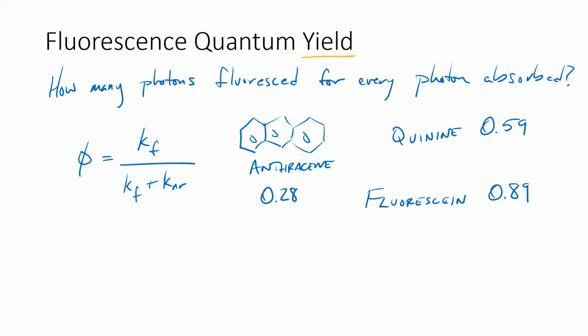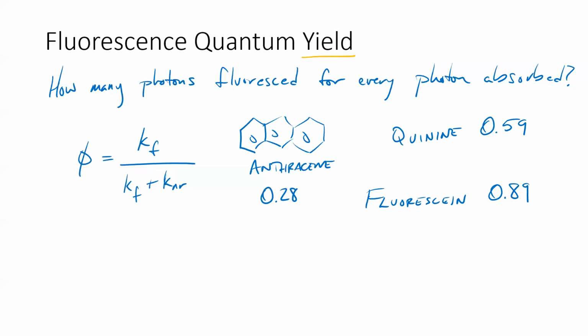We have uses for these. Maybe you want to tag a protein or something. You want to stick a molecule onto a protein so that you can watch it move through a cell, right? You shine a black light or some excitation source on it, and you can watch that fluorescent bit move through a cell.